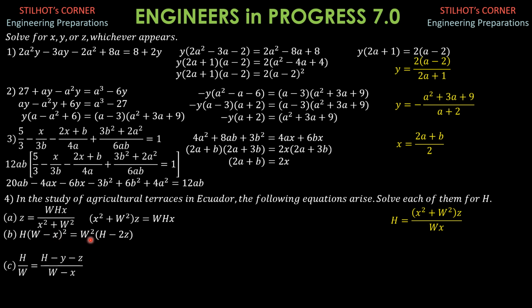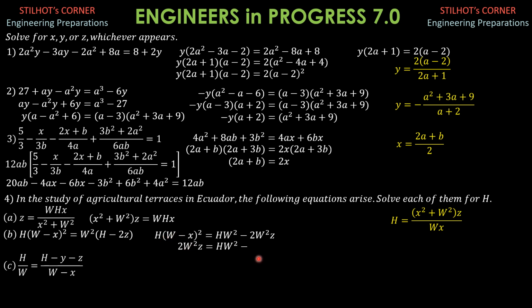So first, we distribute w squared. So we just copy the left side. h times quantity wx minus quantity wx squared equals h w squared minus 2w squared z. Then transpose negative 2w squared z to the left and this left side to the right.